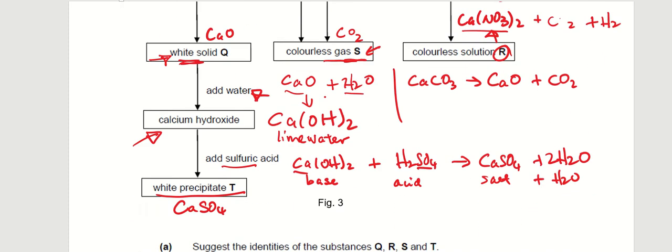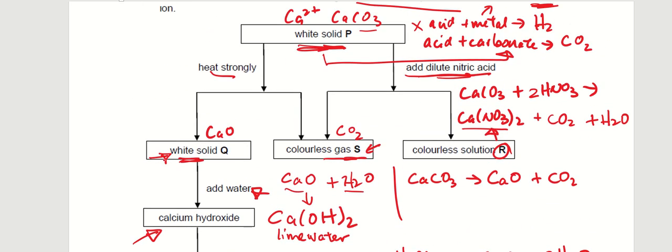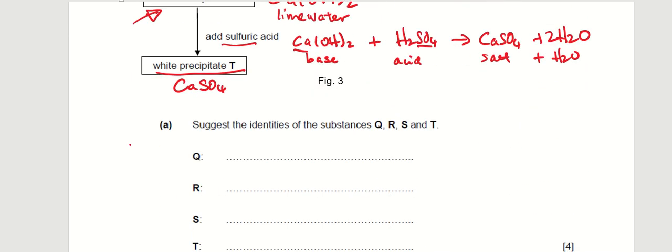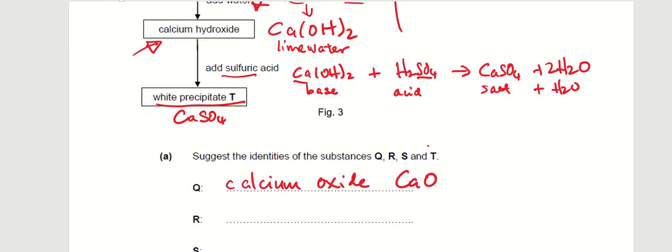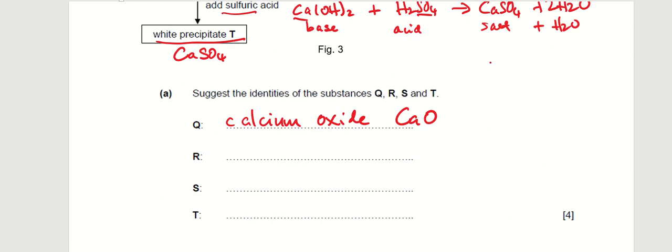Let's go and list them down one by one. Q is the white solid here, and we know that Q is calcium oxide, formula CaO. R is calcium nitrate, formula Ca(NO3)2.